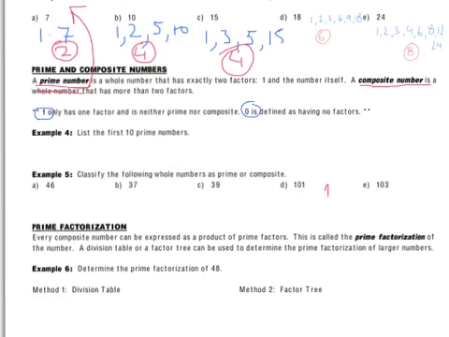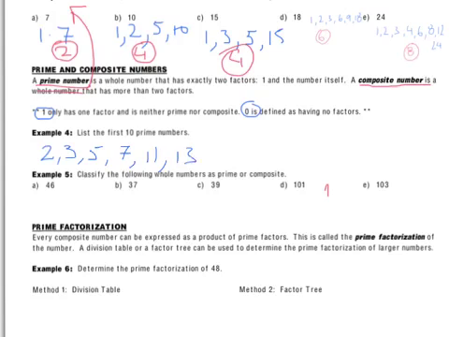So we start off our first number. Our first prime number is 2. Then 3. 4 is not, because 2 goes into 4. 5. 6 does not work. 7. 8, nope. 9 does not work. 10 does not work. 11 works. 13 works.